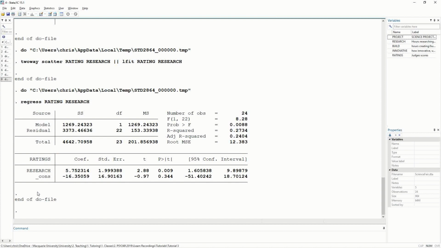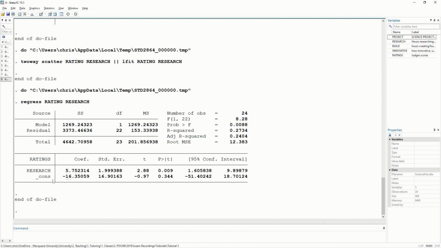And whilst the 0 on research doesn't make sense, we'll see in a second that having the constant set there is actually beneficial. There are things that we can do to make this constant make more sense, but we'll talk about that in the future.